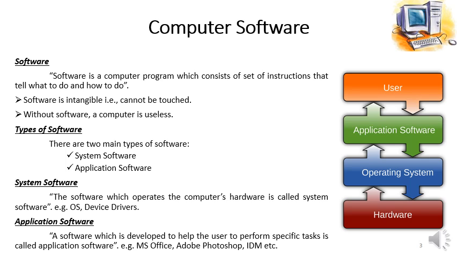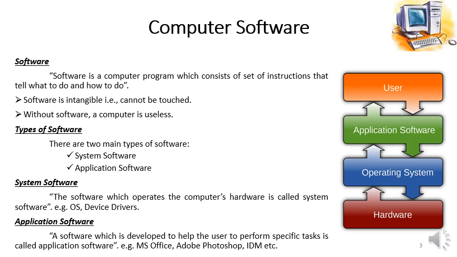For example, MS Office, we use MS Office for different documentation purposes, and in MS Office we have so many other different applications, like Microsoft Word used for documentation, Microsoft Excel used for calculations, and Microsoft PowerPoint used for preparing presentations, Outlook, which is an email client, and we have so many other application softwares like Adobe Photoshop.